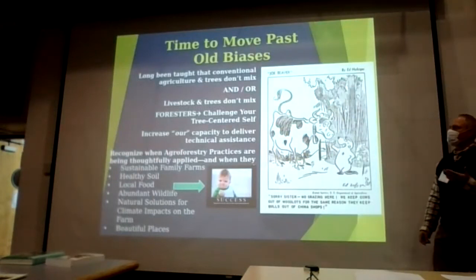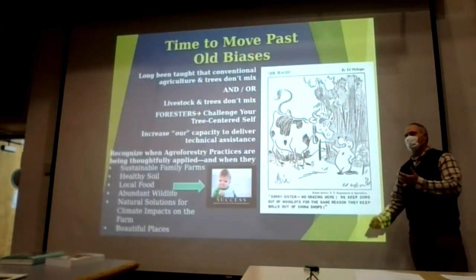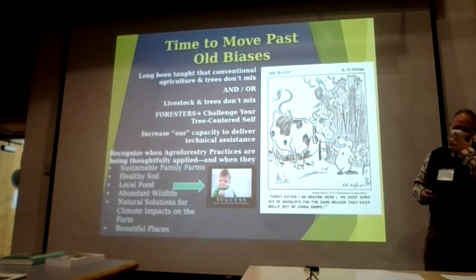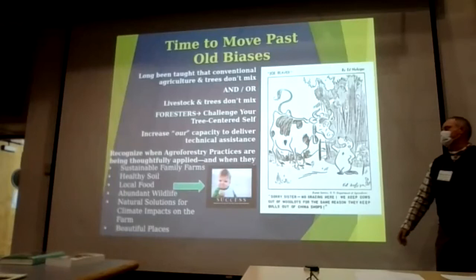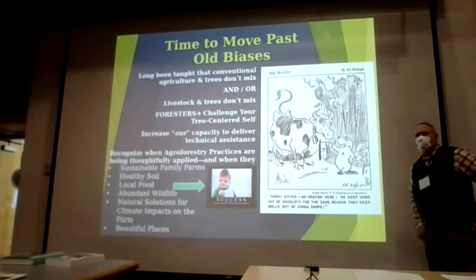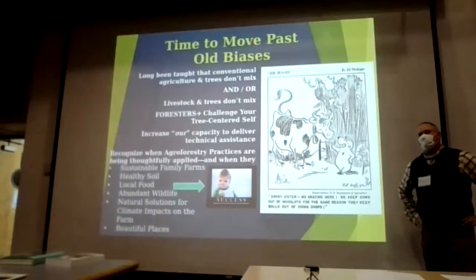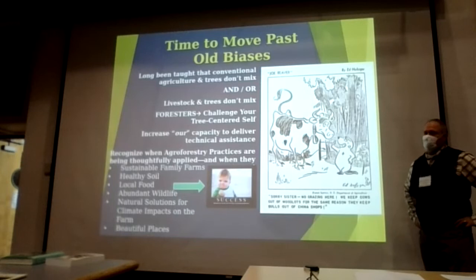So it really comes down to biases, and I'll just tell you my experience. This cartoon probably depicts my experience in Kentucky. I spent years upon years in Kentucky fencing animals out of the woods. That was the practice, and it was for good reason, because a lot of the unmanaged grazing that was going on in the woods was really detrimental to the forest.